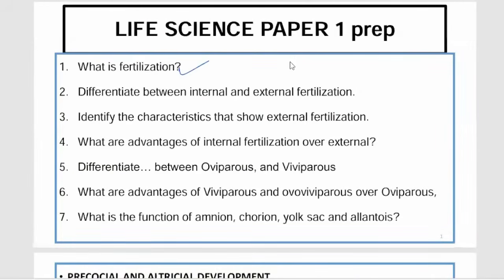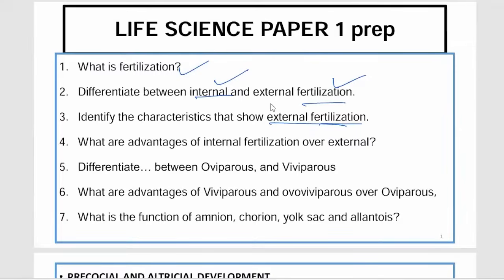Catch up is done. Distinguish between internal and external fertilization. Internal, the sperms will fertilize the ovum inside the female's body, while for external, the sperms will fertilize the ovum outside the female's body or the female reproductive system. Identify the characteristics which show external fertilization.